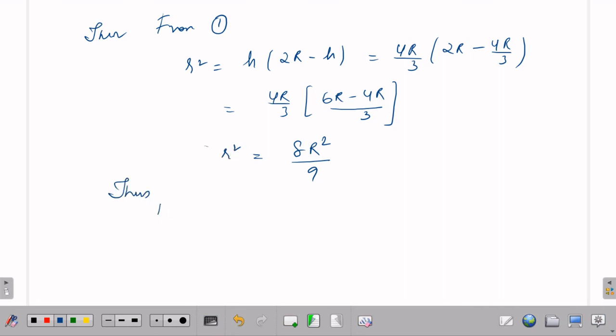So I can say that thus maximum volume V is equal to, according to the formula of volume, 1 by 3 pi r square h. So I'll just put the value for r square and h. Let me just try the next page because I think the page won't be enough over here. So V is equal to 1 by 3 pi r square h.